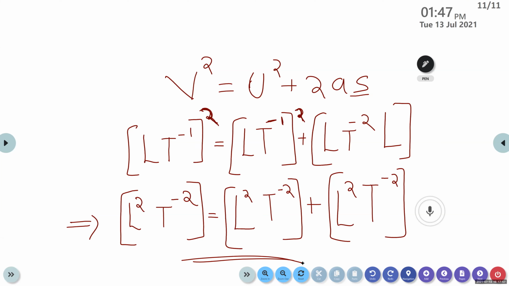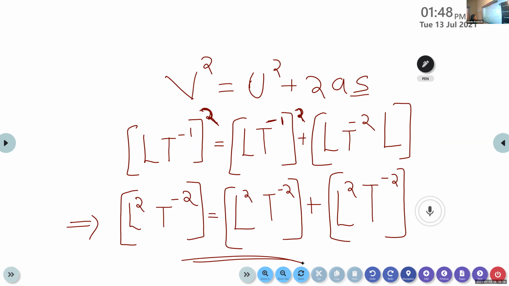Yes, because the dimensions of each term on both sides of the equation are the same. They are L square T raised to minus 2. Each term on the LHS and RHS represents the same dimension.